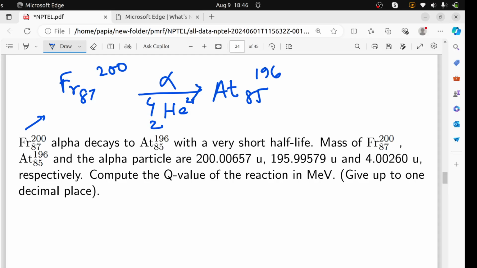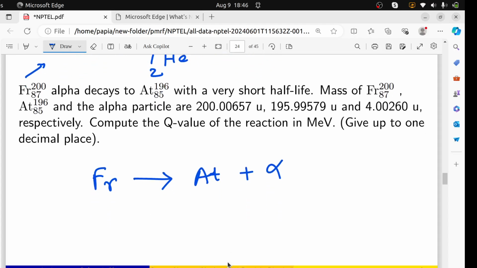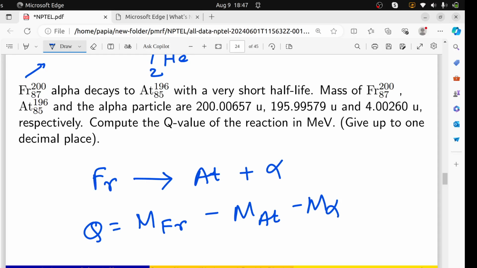Okay, so the expression is francium going to astatine plus alpha. They are asking about the Q value. For the Q value calculation, it is nothing but the mass of the parent particle minus the mass of the daughter ones. So what are the daughter particles? Astatine and alpha. So this is the Q value.